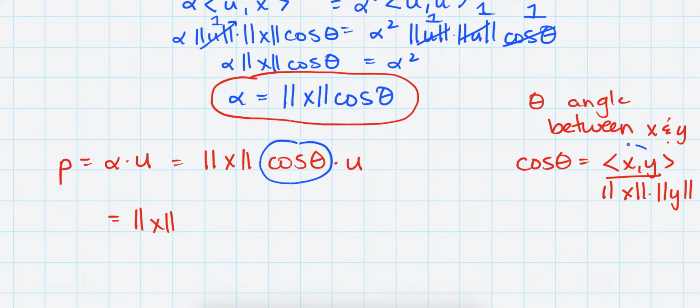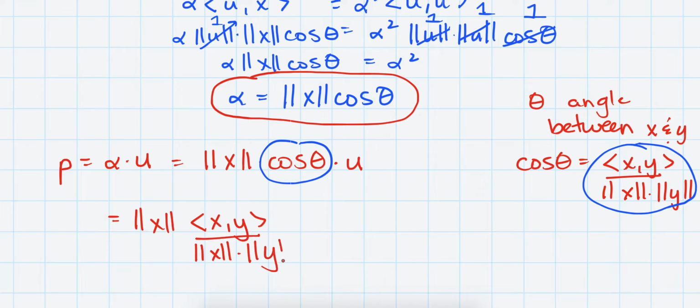I'm going to put this in. So I get the dot product of x and y over the length of x times the length of y times u. And I'm actually going to make a substitution here too, because we know that u is equal to y divided by its length. And so let's put that in as well. So put it right here, y over the length of y.